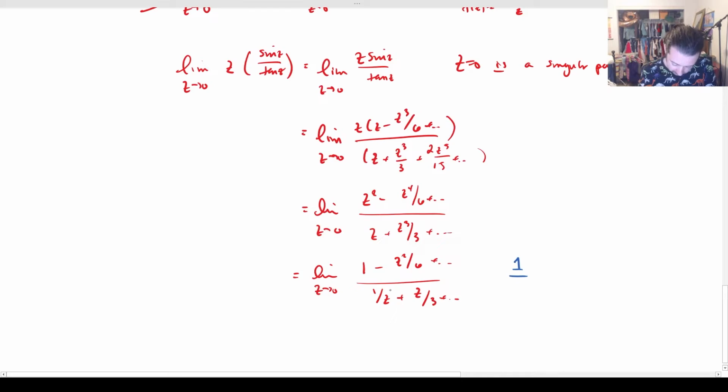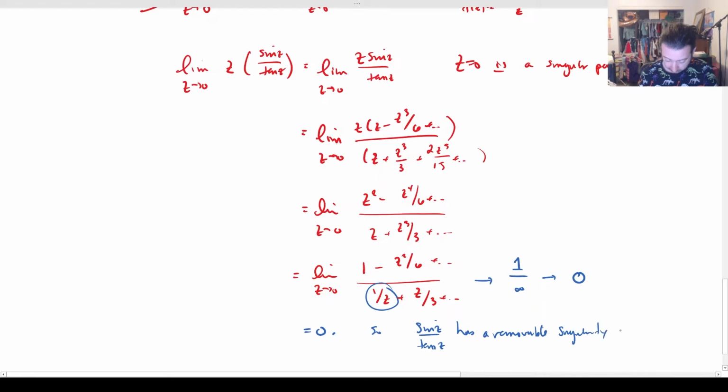The bottom is going to infinity because we have this 1 over z term. And so things that tend to 1 over infinity tend to 0. So this limit is 0. That means that sine z over tan z actually has a removable singularity at z equal to 0.